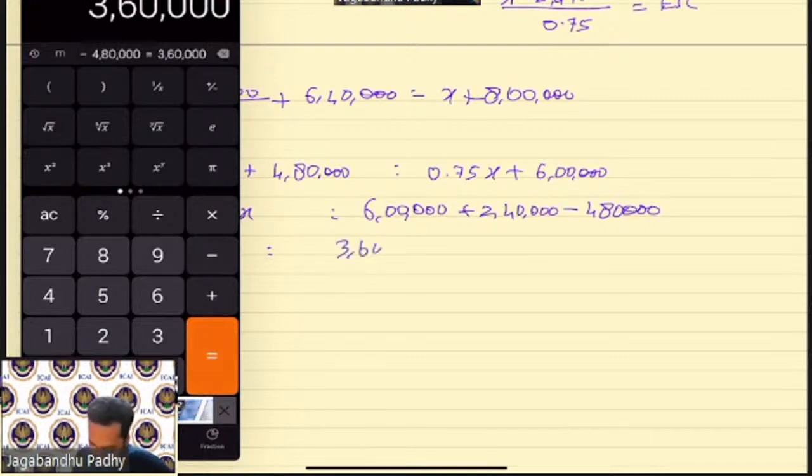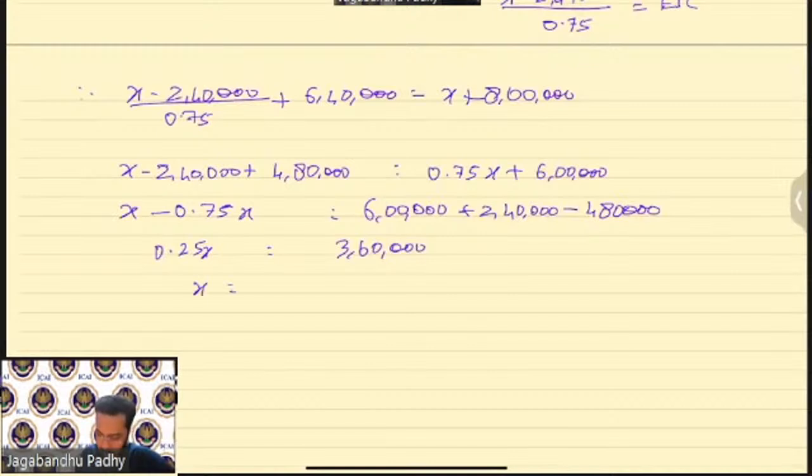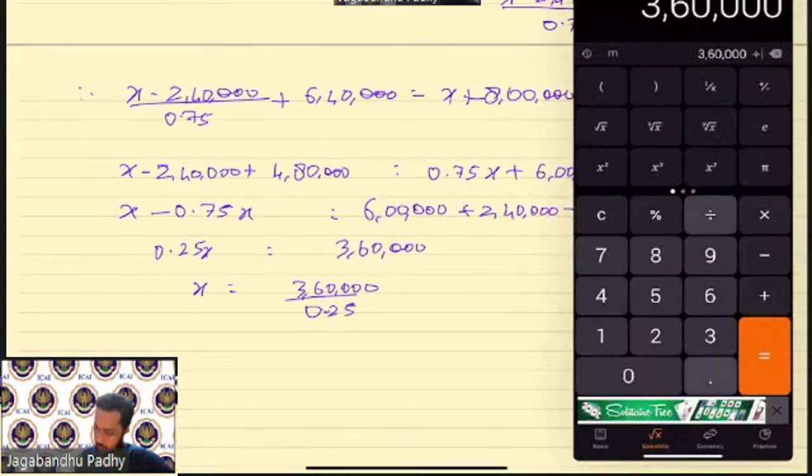This is 3 lakh 60,000 guys. So x is how much? 3 lakh 60,000 divided by 0.25, which is x is 14 lakh 40,000.